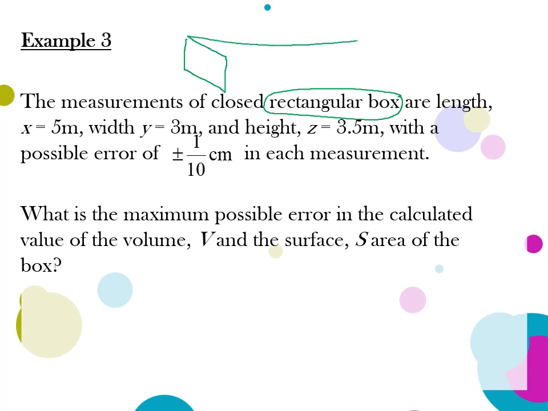Okay, so draw the rectangle so that you can label the letters. So this is your rectangle. It has length x equal to 5 meter, and the width, which is the y, is equal to 3 meter.